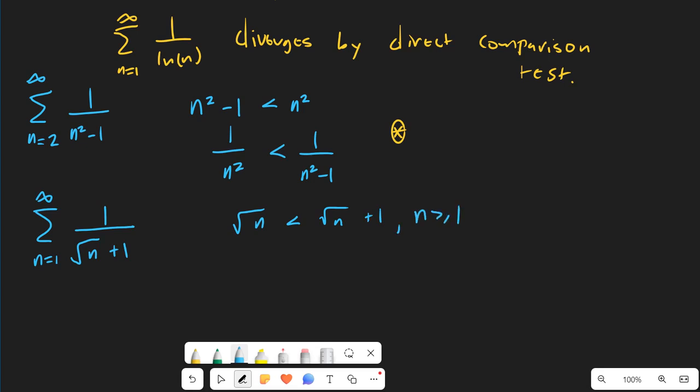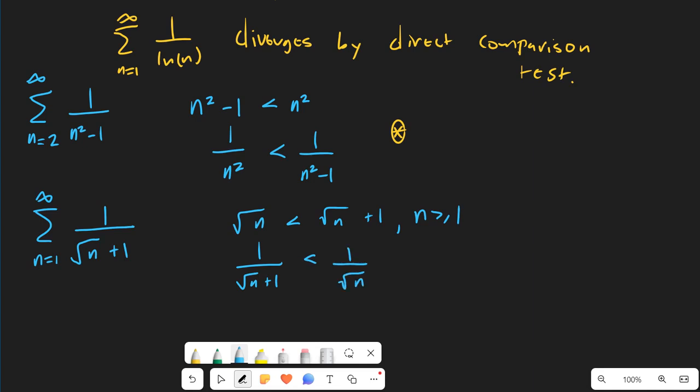So if we do the same thing, we have 1 over the square root of n plus 1 less than 1 over the square root of n.